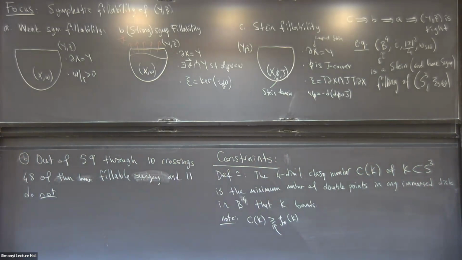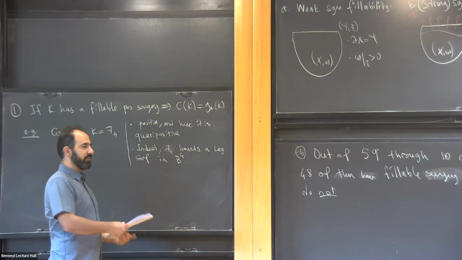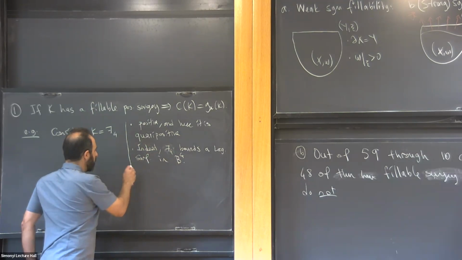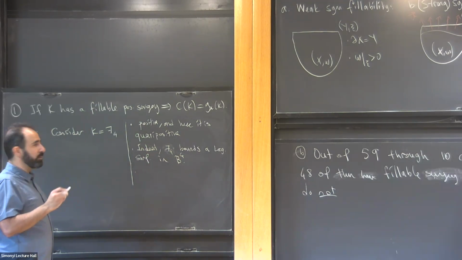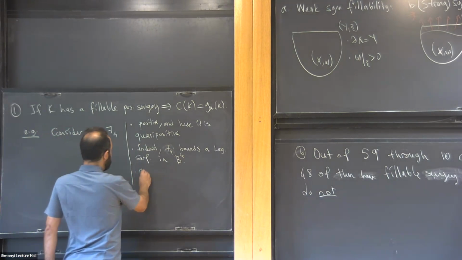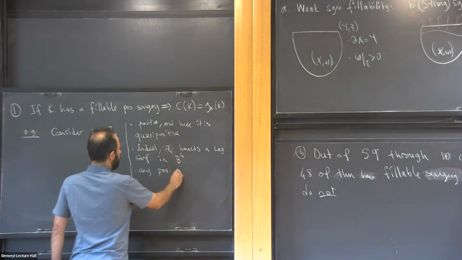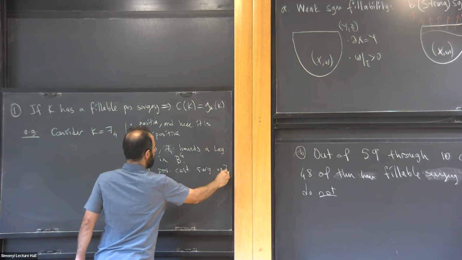I would imagine that surely this knot has fillable surgeries, right? It bounds a very relevant object. And let's add more to that. Indeed, any positive contact surgery on this knot carries a tight structure. So any positive contact surgery on 7-4 is tight.